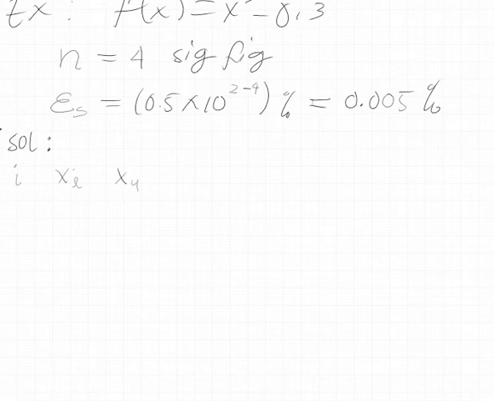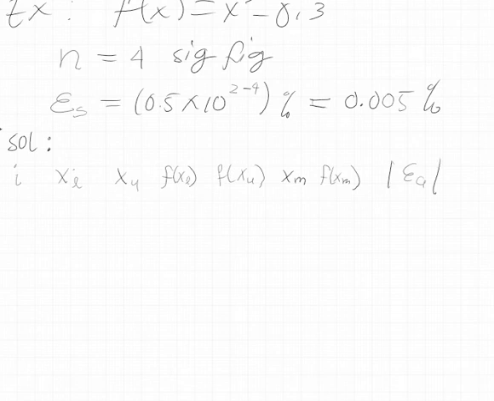Then we also need to evaluate the function at XL and at XU. And after that, we take the midpoint, XM, then we evaluate that one, then later on we will multiply it with either XL or XU. Then we can proceed to repeat step 2. Then we also need to solve for the approximate error, absolute value.